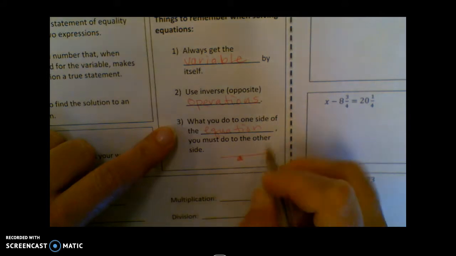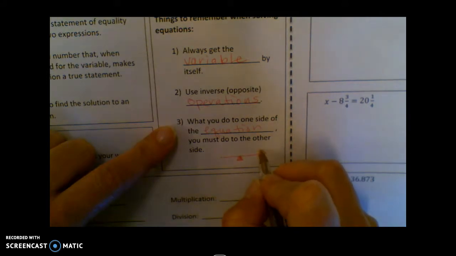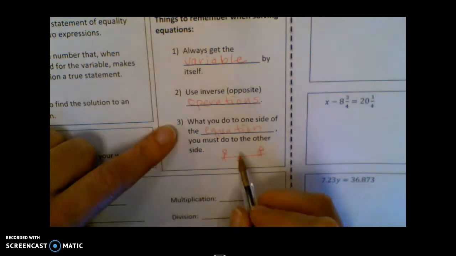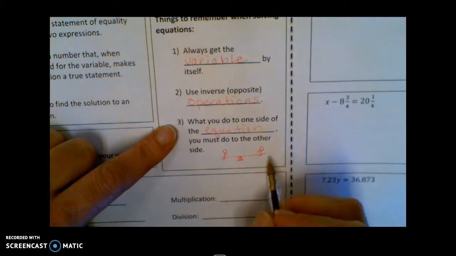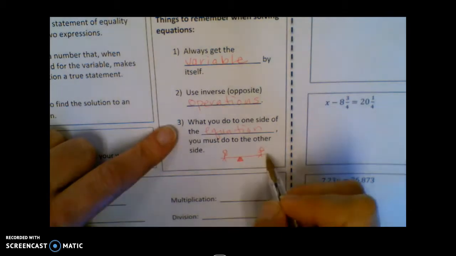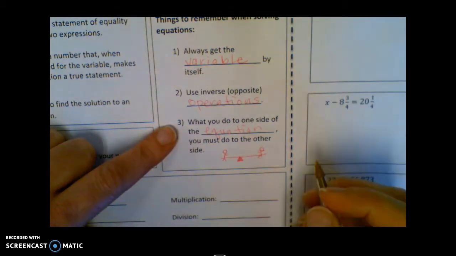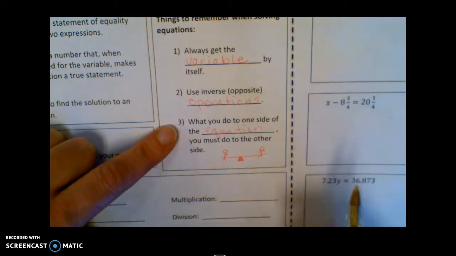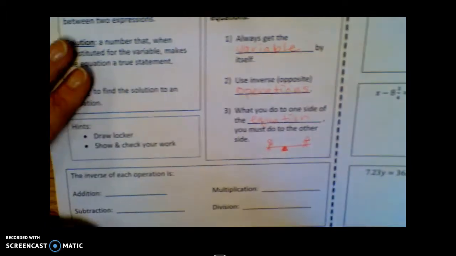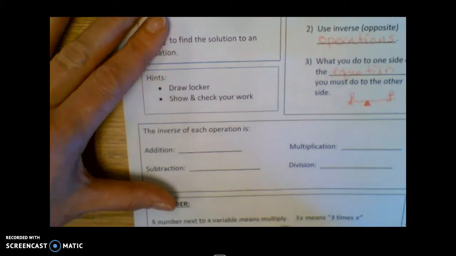There might be one at the park or the playground, and sometimes if you have one or two kids on one side, but only one kid on the other side, it becomes unbalanced. So you want to try to keep the weight equal on both sides in order for this equation to be balanced. It's a lot like a teeter-totter. So we're going to be doing things to both sides of the equation to keep it balanced.